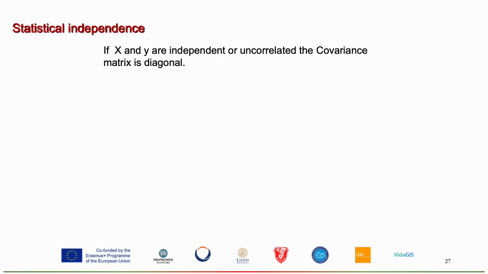Clearly, an important consequence is that when x and y are independent or are uncorrelated, the covariance matrix is diagonal. On the contrary, if the covariance matrix is diagonal, you cannot say that they are independent unless they are normally distributed.